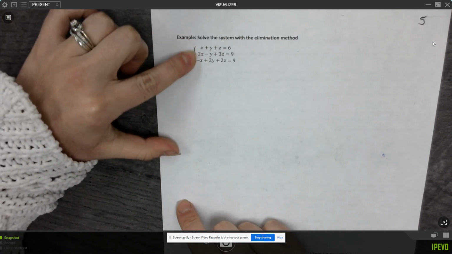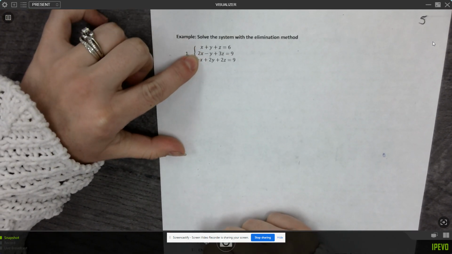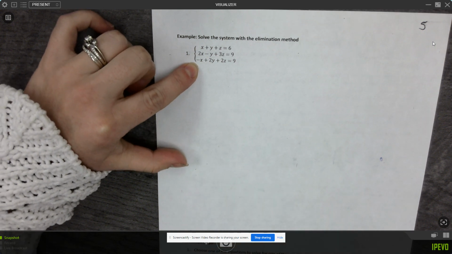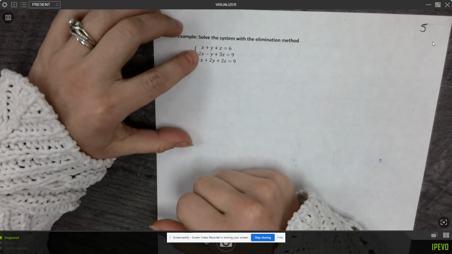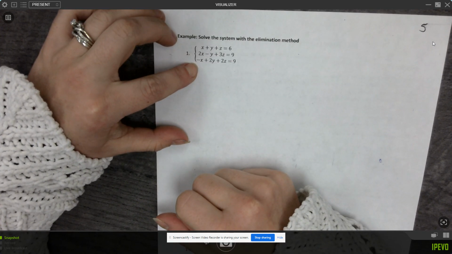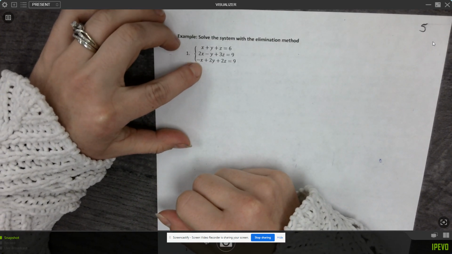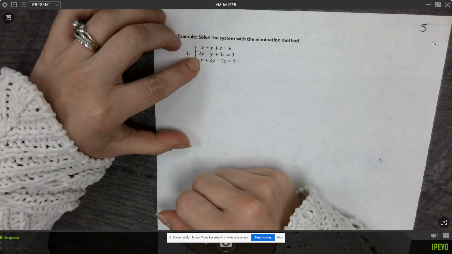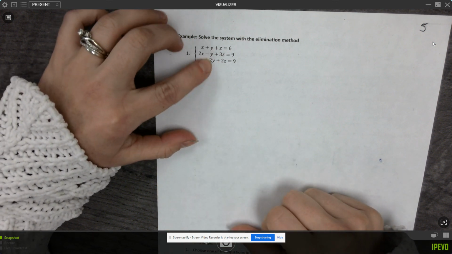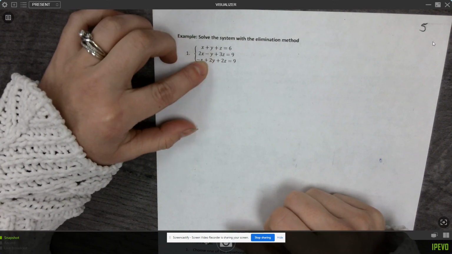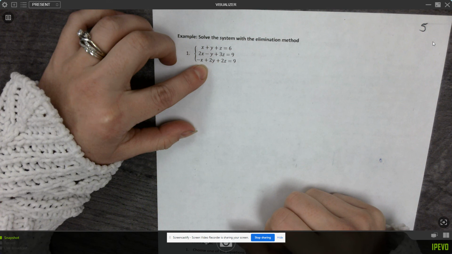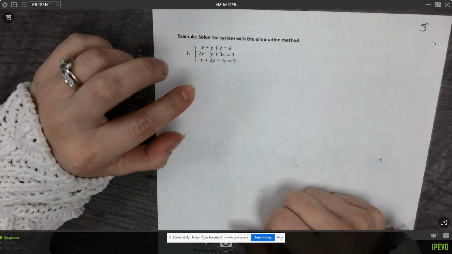If I look at my x's, I have 1, 2, and -1. Those are going to all be pretty easy to eliminate because this 1 and -1 will already eliminate. And I can easily change a -1 into the opposite of 2. Similar with your y's, you have 1, -1, and 2. You have the same numbers, just by coincidence in a different order. But same thing, those would be pretty easy to pair 2 of them together to eliminate.